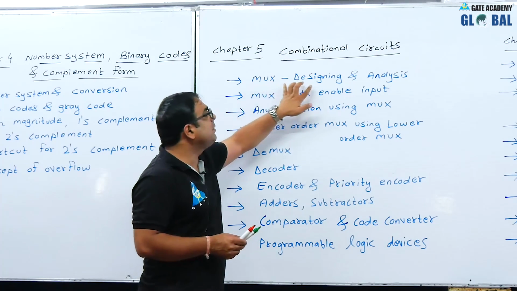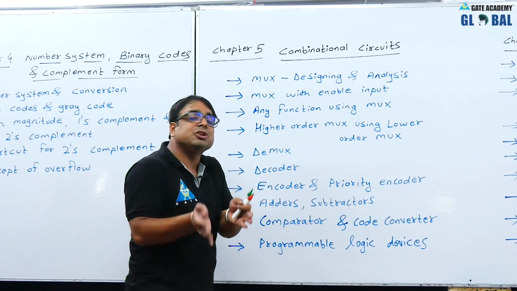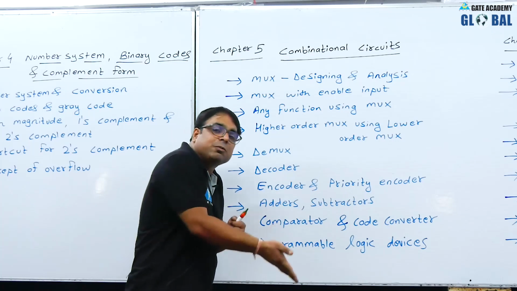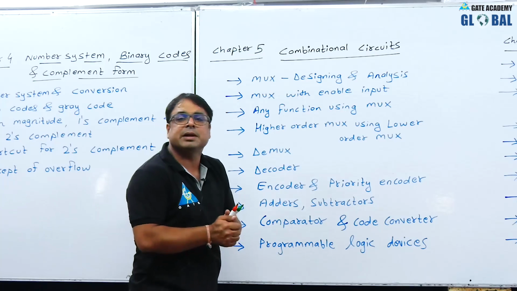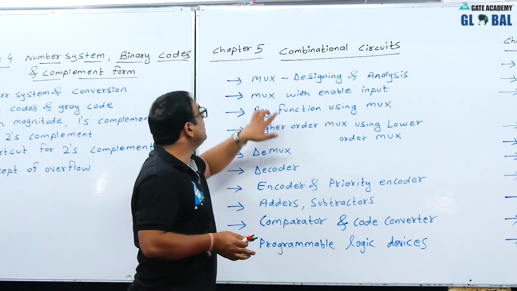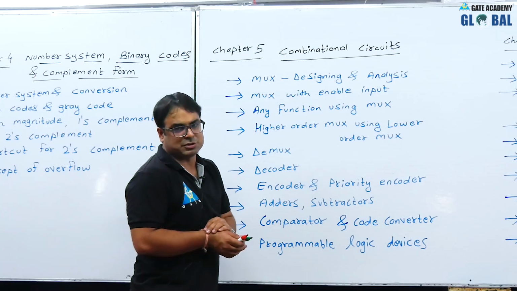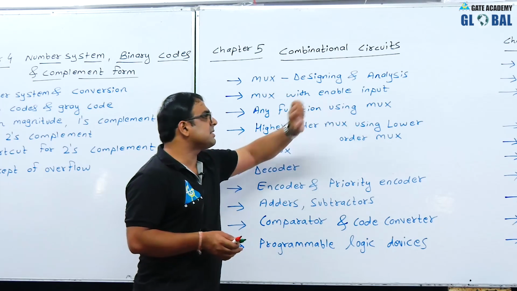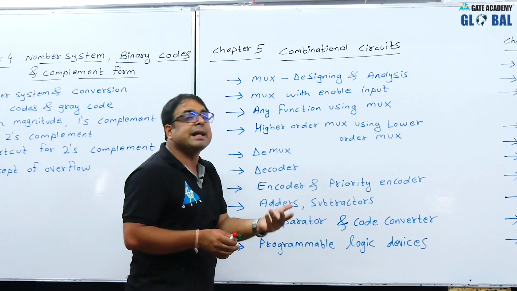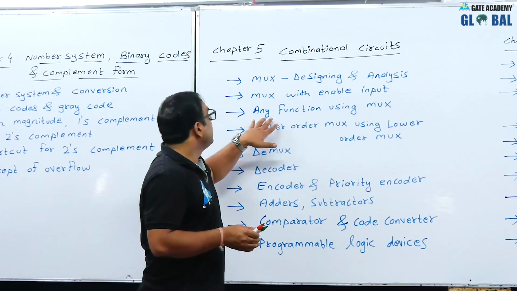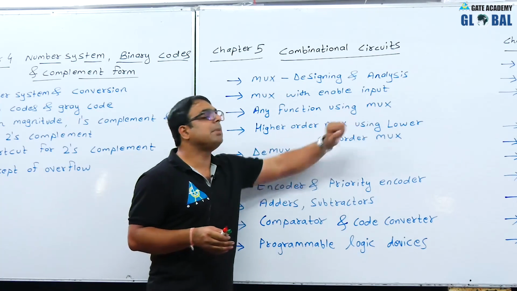In multiplexer, we will be discussing in detail how to design a multiplexer, how to design a function using multiplexer, how to find out the output of a multiplexer, all the possible sizes of multiplexer, 2x1, 4x1, 8x1, etc. Next we will be discussing multiplexer with enable inputs. In detail we will be discussing enable input, because this enable input can be given in any of the combinational circuit.